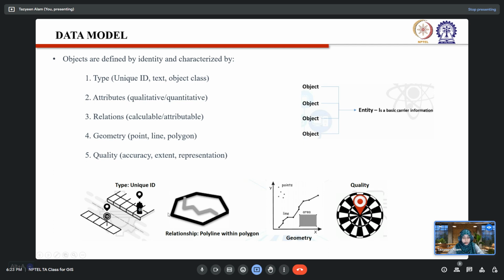So this is how your relationship is being defined. In your geometry, you have understood how points, lines, and polygons in the form of area regions are represented, and the quality, which is how purely it is defined by the real world entity.